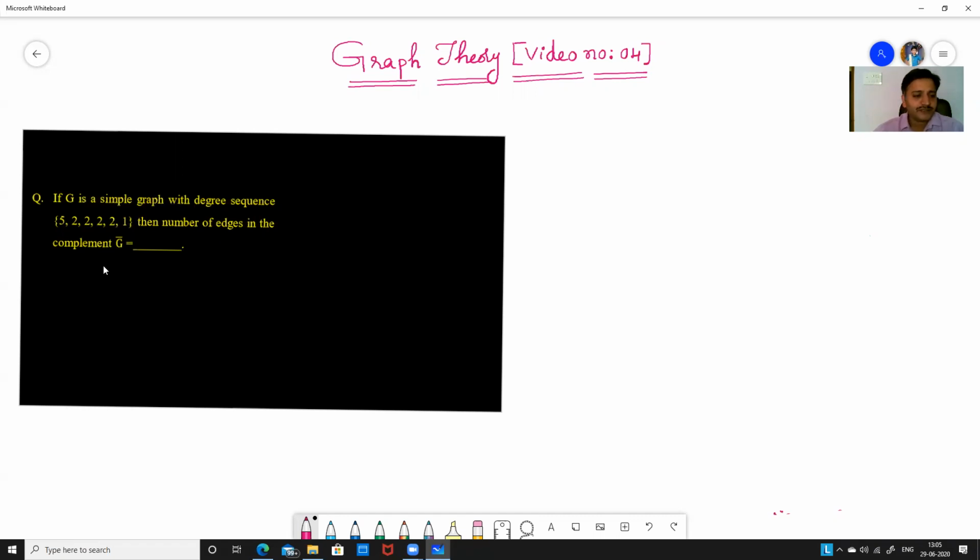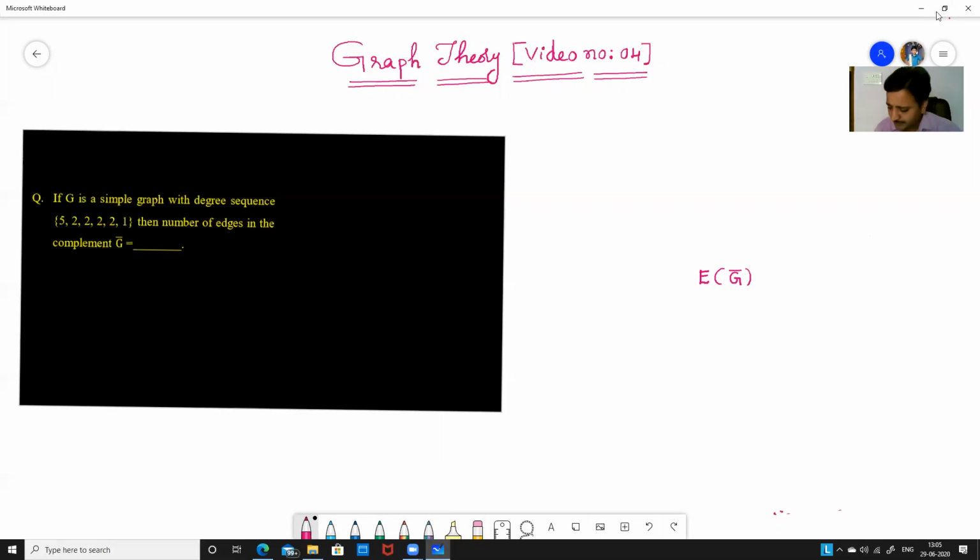Then the number of edges in the complement of G bar. So they're expecting the number of edges in the complement of G bar. So the working principle for solving this question is looking like this. They're expecting the number of edges in G bar.